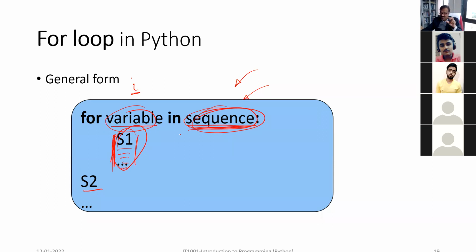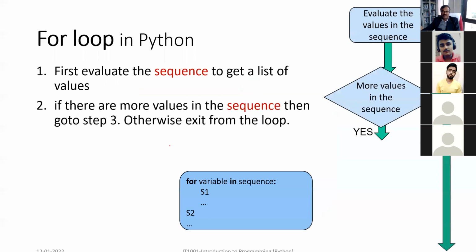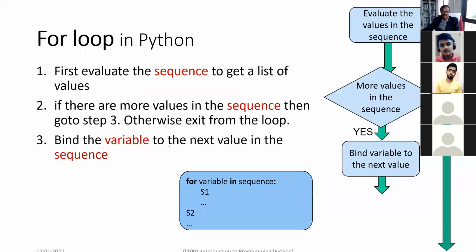Whether we are explicitly performing some operation with that sequence or not, that's a different thing. It will depend on the kind of logic that we would like. But we are doing that this many number of times, which is nothing but the number of elements in that sequence. So this is how this for loop can be used. So we have got two loops, for loop and while loop. We can take some example.